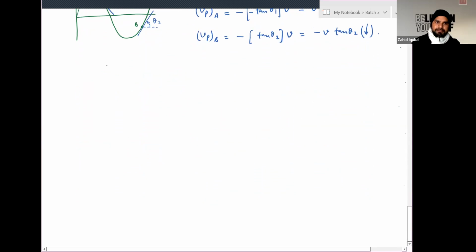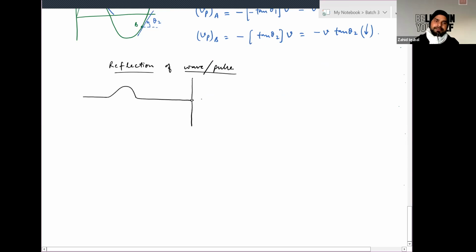Next is reflection of a wave or pulse. Suppose a pulse is sent along this direction on a string which is connected to some movable end.